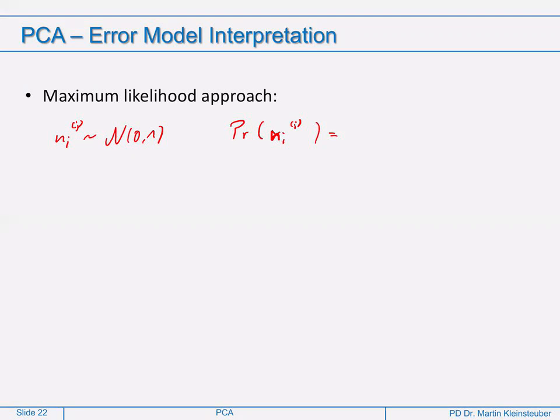We know the Gauss density function. I'm not so much interested in the constants. So there is a constant here, there is e, there is minus another constant, C1, C2, and we have Nij squared, right?